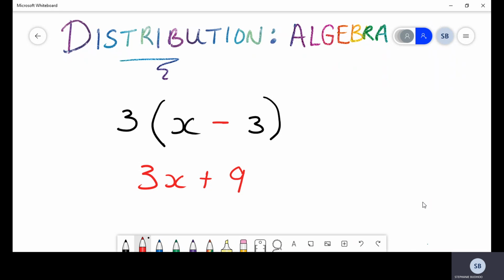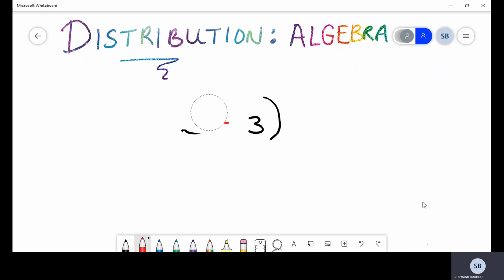If we had a negative sign in the middle there, then our answer now becomes 3 times x, which still gives us 3x, but this time we multiply 3 by negative 3 to get negative 9. So signs do matter, and they are very, very important when distributing brackets. Now let's get into today's lesson.